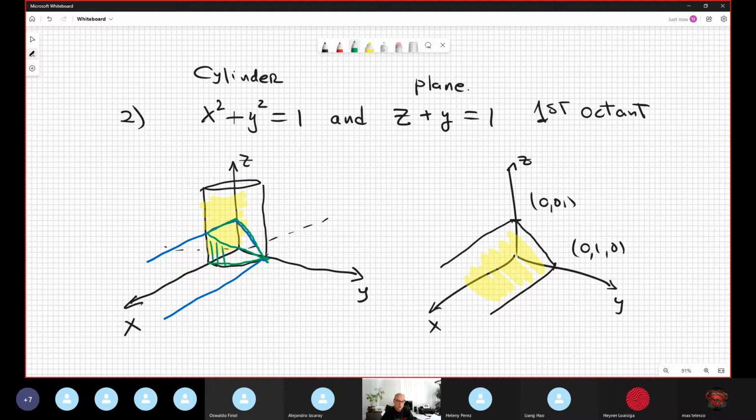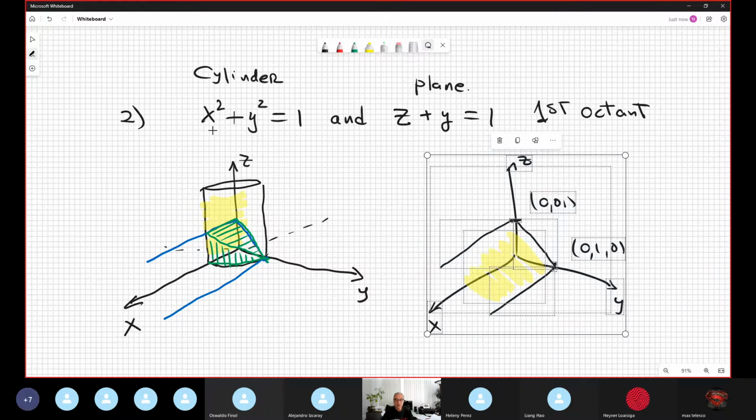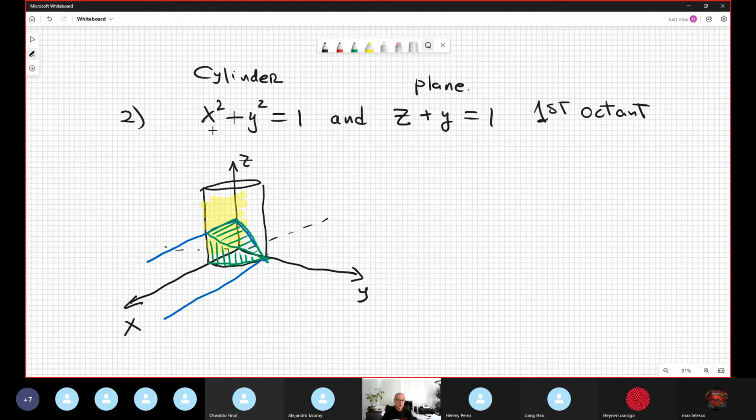Look, it's formed by one lateral wall, and this is the roof, the top part. The top part is the plane. And the lateral is the cylinder in one part.